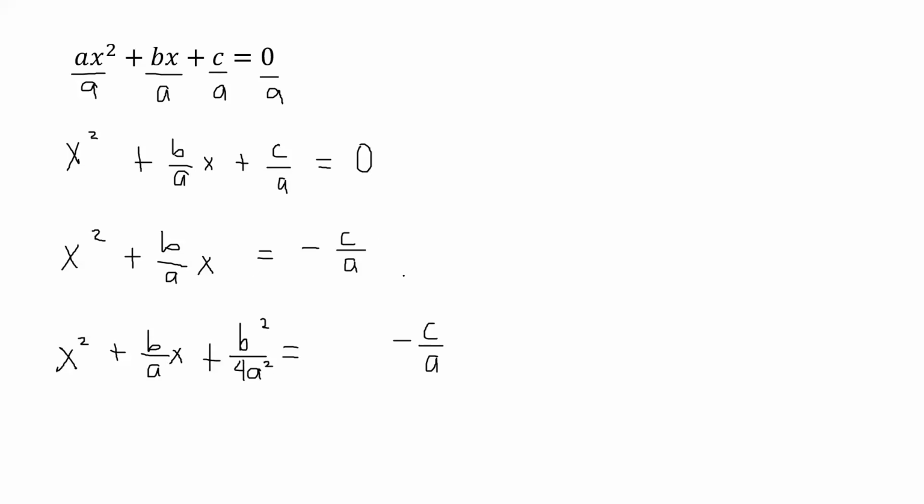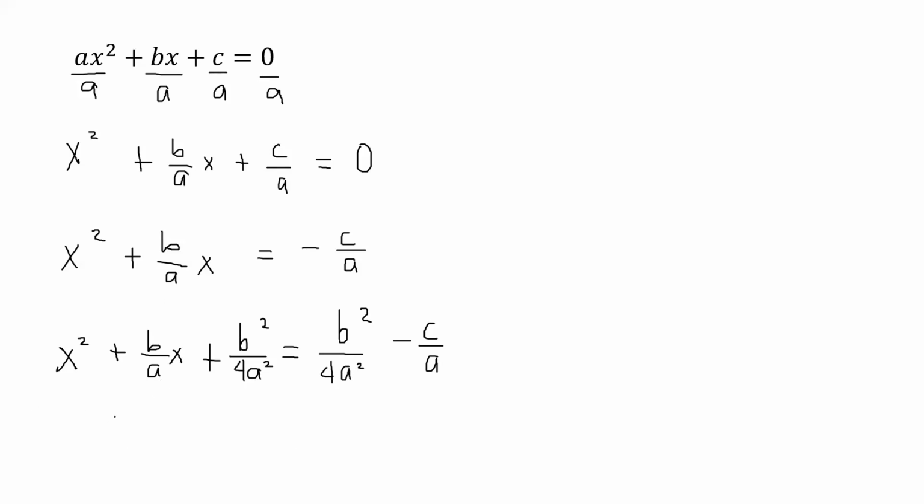So why can we do that? We add b over 2a, quantity squared, so b squared over 4a squared. And whatever value we add on the left side, we must also add on the right side: b squared over 4a squared.